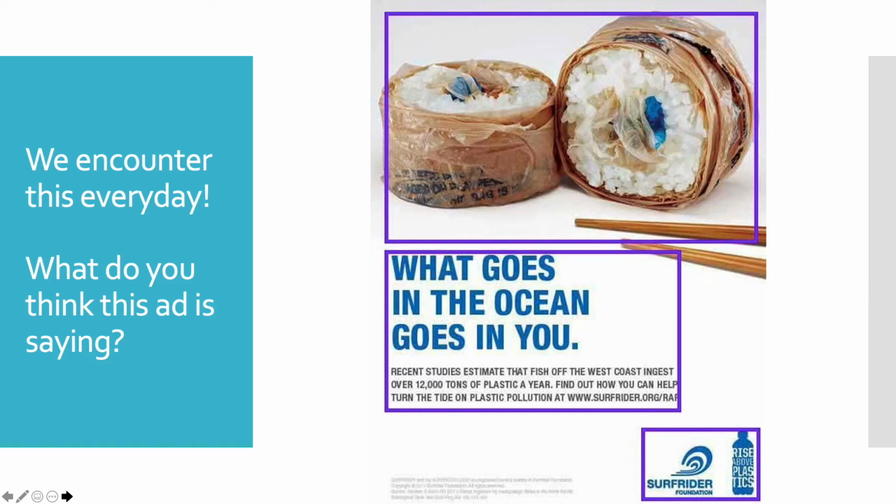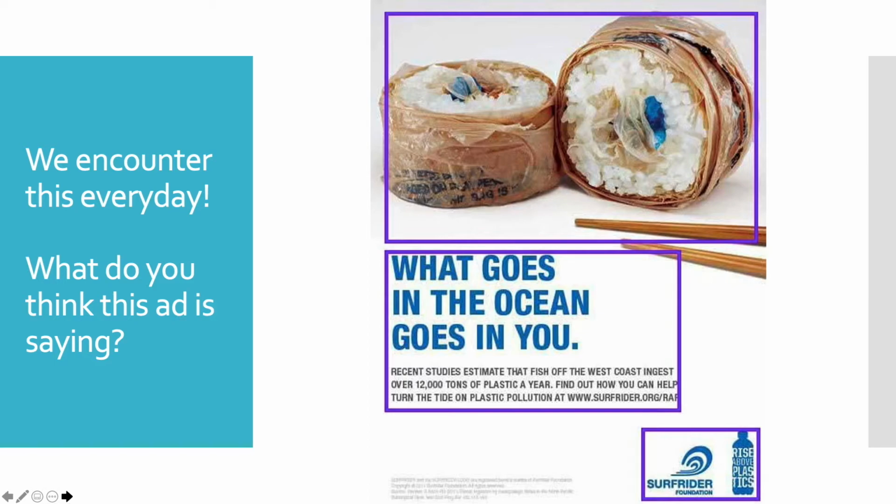For example, take a look at this ad. What is it saying to us? What do we see? We see something that looks like sushi, but it's wrapped in plastic bags instead of perhaps the seaweed that it typically uses. We see something that looks like it could be plastic in the middle with rice instead of the vegetables or the different types of fish that we might see.